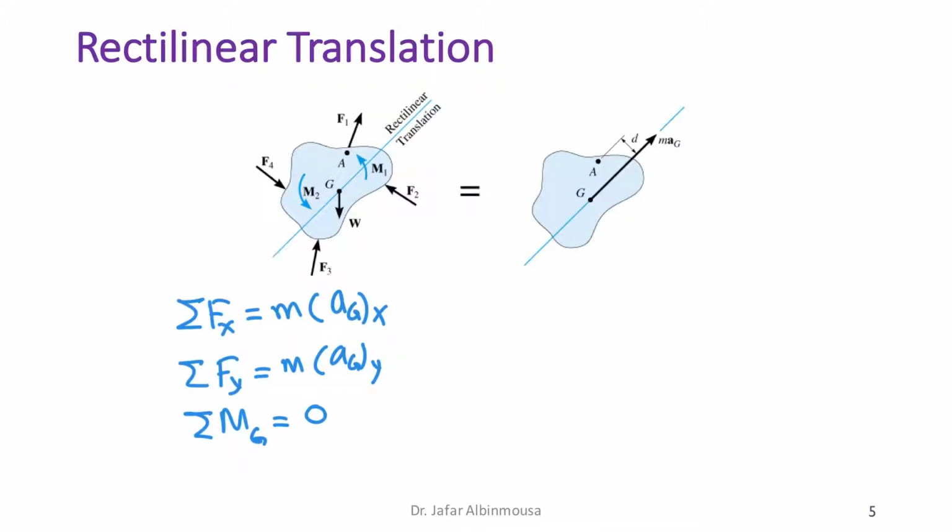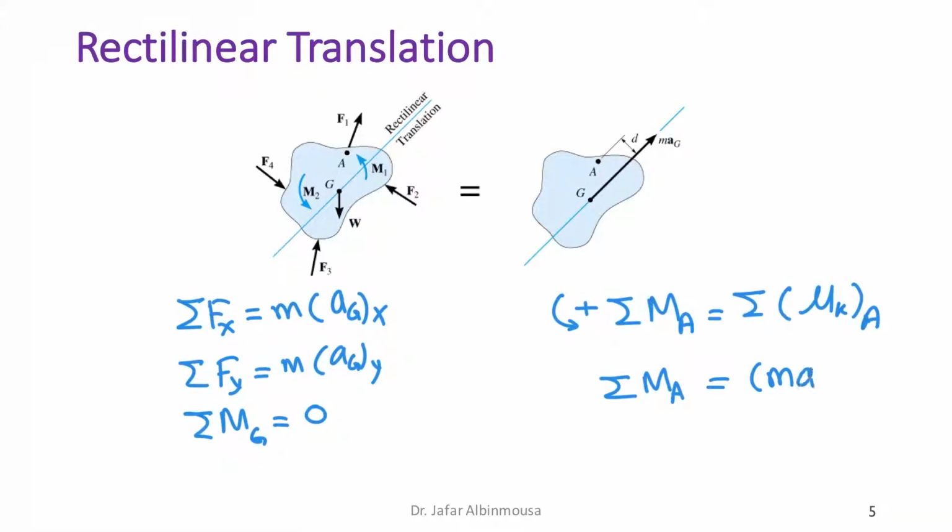Now if I want to write down the kinetic moment, I will have counterclockwise as positive, then the sum of all moment, let's say about point A, is equal to the sum of all kinetic moment about point A. So all I have to do is to sum all the moments from the applied forces and the applied moment and equate it with m a_G multiplied by d.